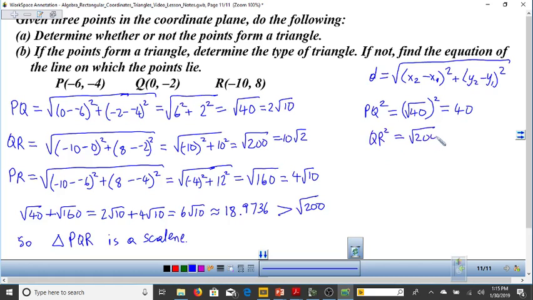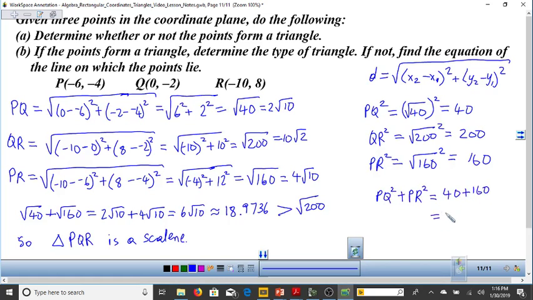PR squared is the square root of 160 squared, and that's just 160. Let's add the two smaller pieces, PQ squared plus PR squared. That would be 40 plus 160. That equals 200, which happens to be the square of QR.